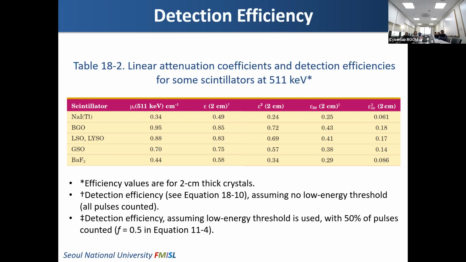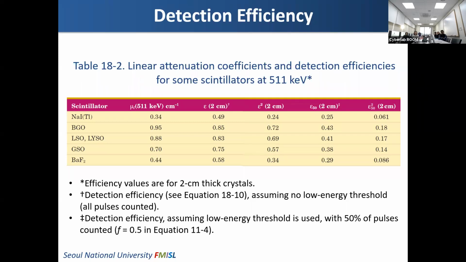But in a PET scanner we should detect 2 photons, so we need to square these values. A 2 centimeter sodium iodide crystal can capture about 25%, but with the LSO we can capture about 70%.